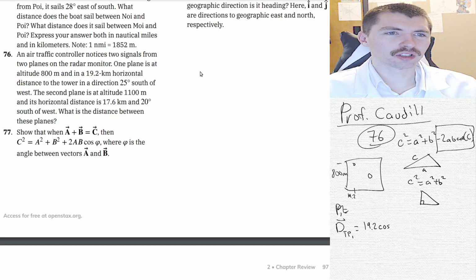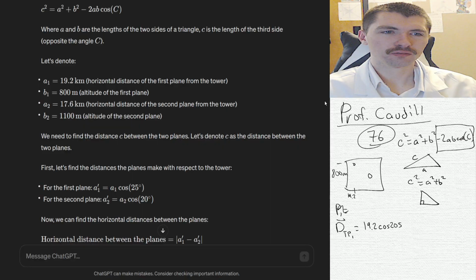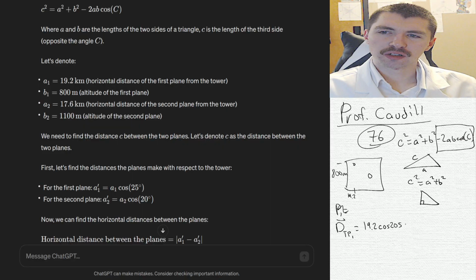What does it say? 25 degrees south of west. So that's 180 plus 25, which is 205. Okay. So that'd be our x component plus 19.2 sine.